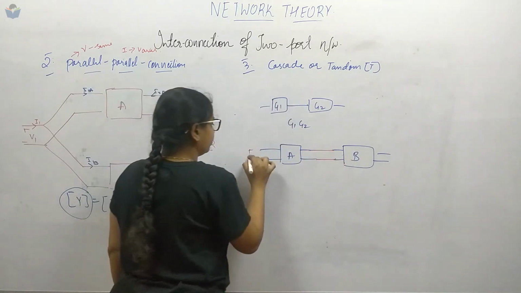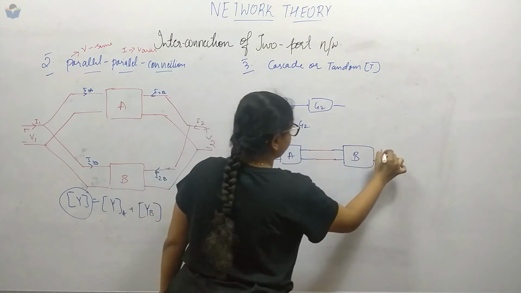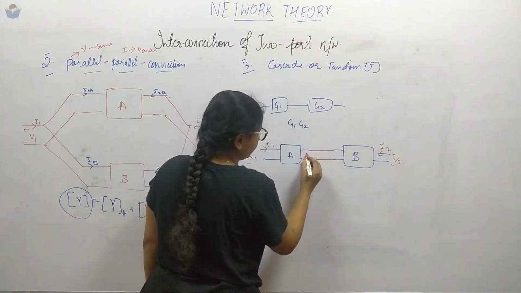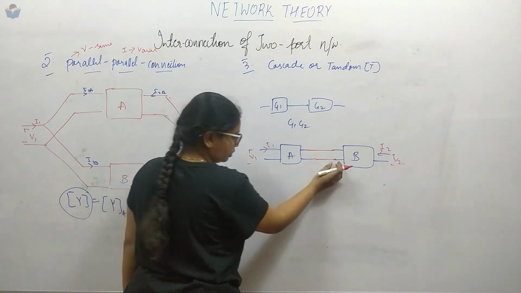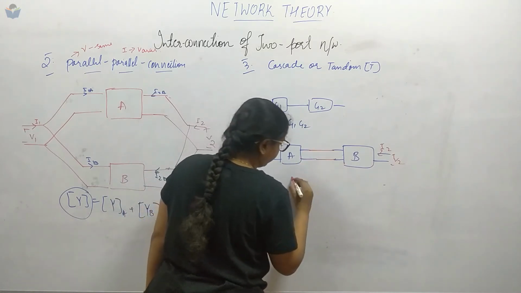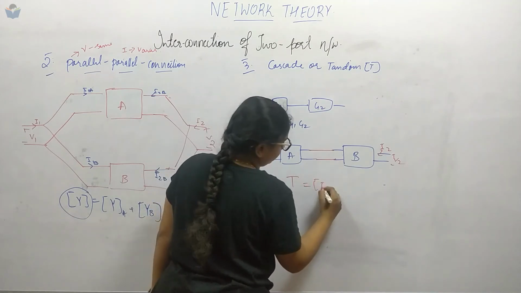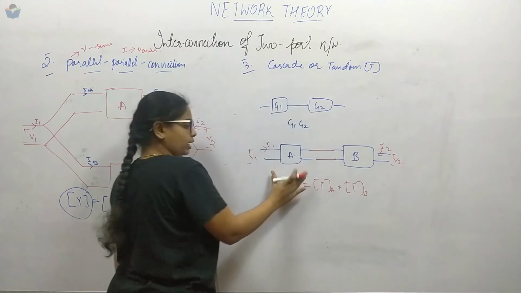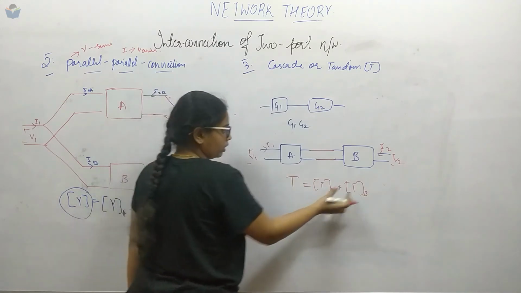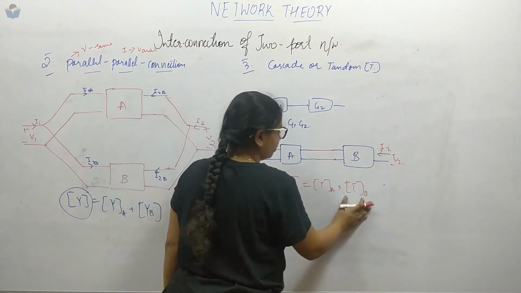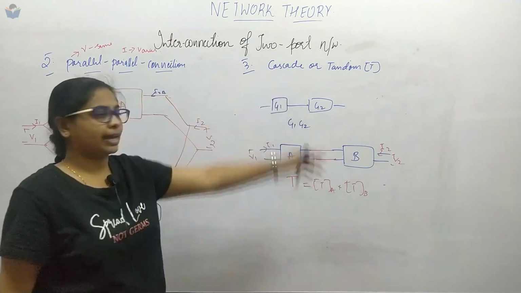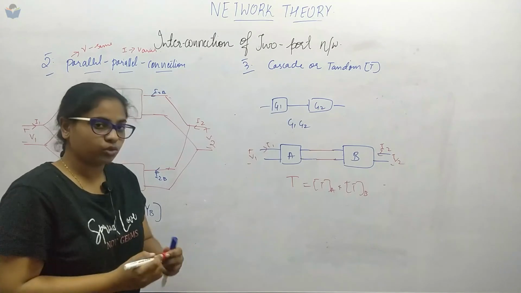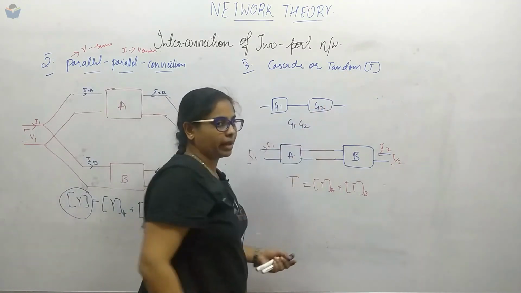This will be V1 and I1, this will be I2 and V2. The voltages will be different, but when you cascade, T will be equal to TA into TB. So individually you have to calculate the ABCD parameters of A and B, then multiply them. This is the cascade or tandem connection, which we can use only with the ABCD parameters.